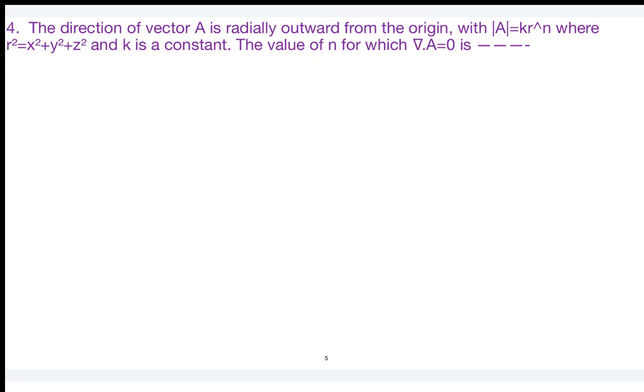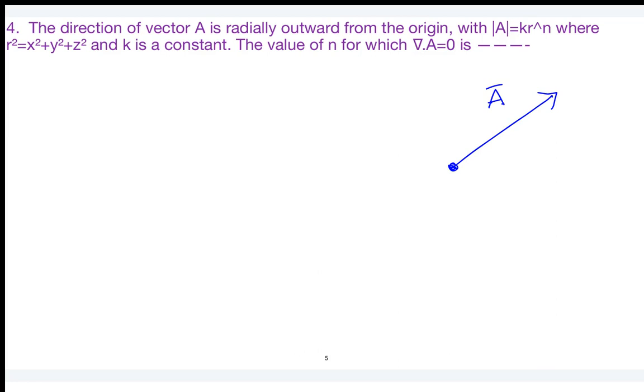See here, there is a vector A. The vector A is radially away from the origin. So this is your origin, and the vector A is radially away from it. Which direction represents radially away from the origin? R, sir.